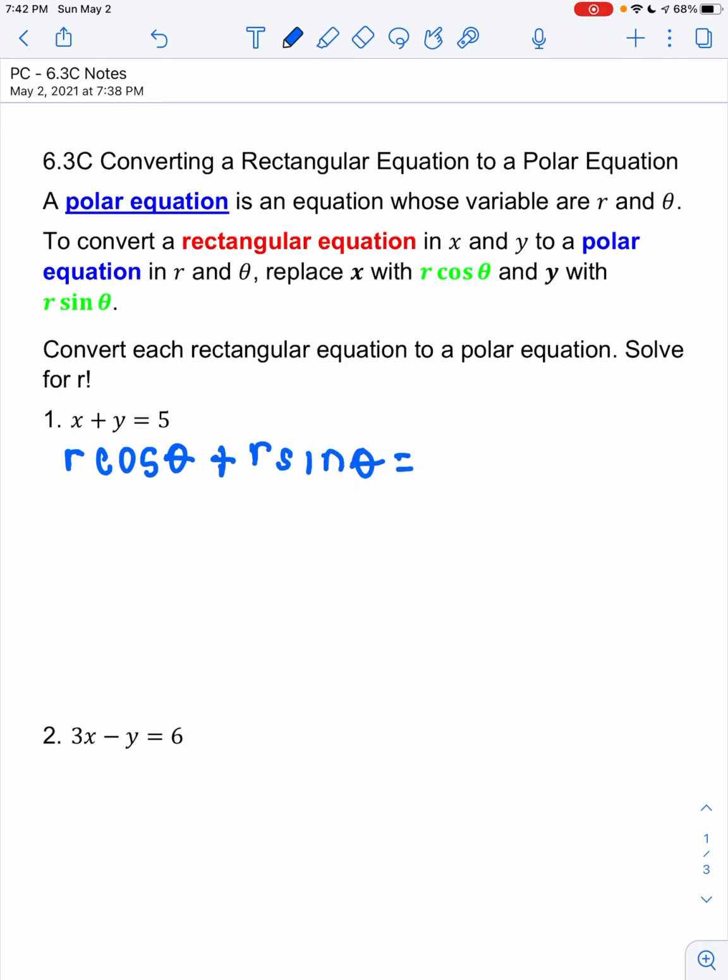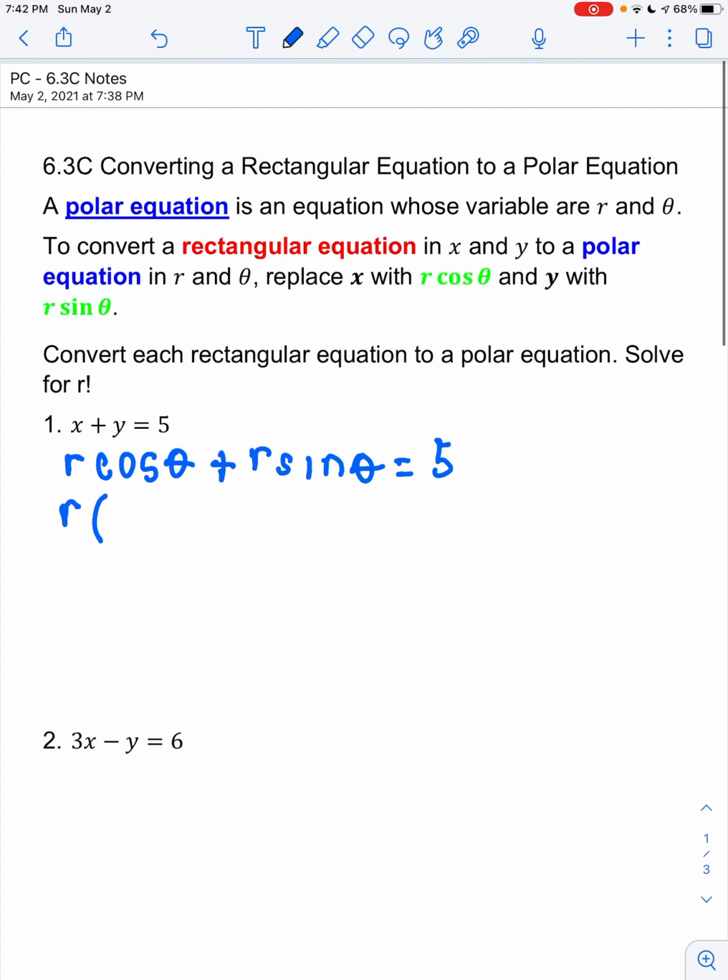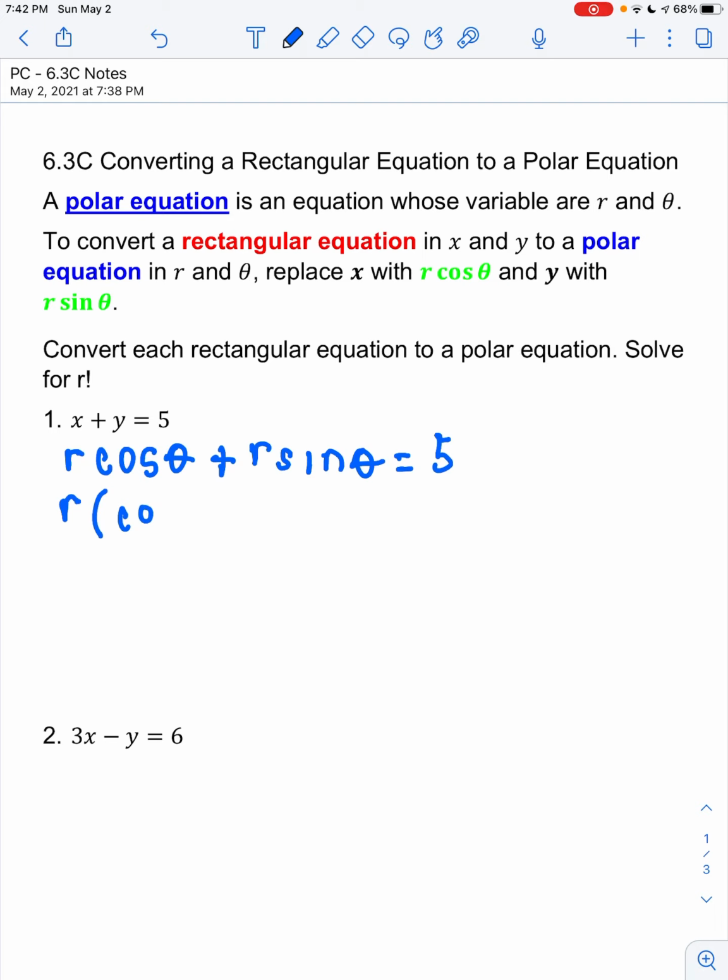And so our equation now becomes r cosine theta plus r sine theta equals 5. Of course, we should recognize we have a common factor of r that we can factor out on the left-hand side, and that leaves us with r times the quantity cosine theta plus sine theta equals 5.